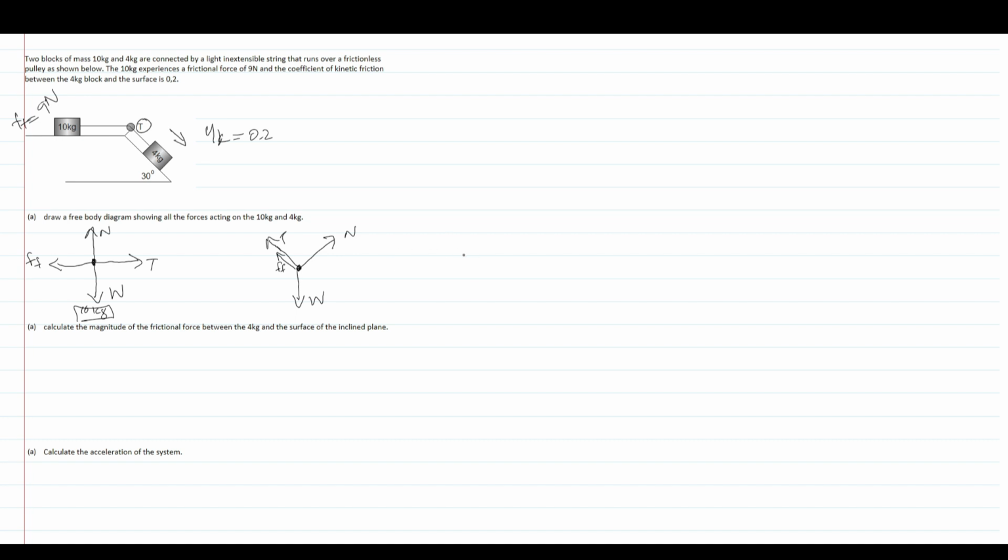Alternatively, you can draw the 4 kg block showing the components of the weight as W perpendicular and W parallel to the surface. So you're going to have W perpendicular, and you're going to have W parallel, and you're going to have the tension and the frictional force.